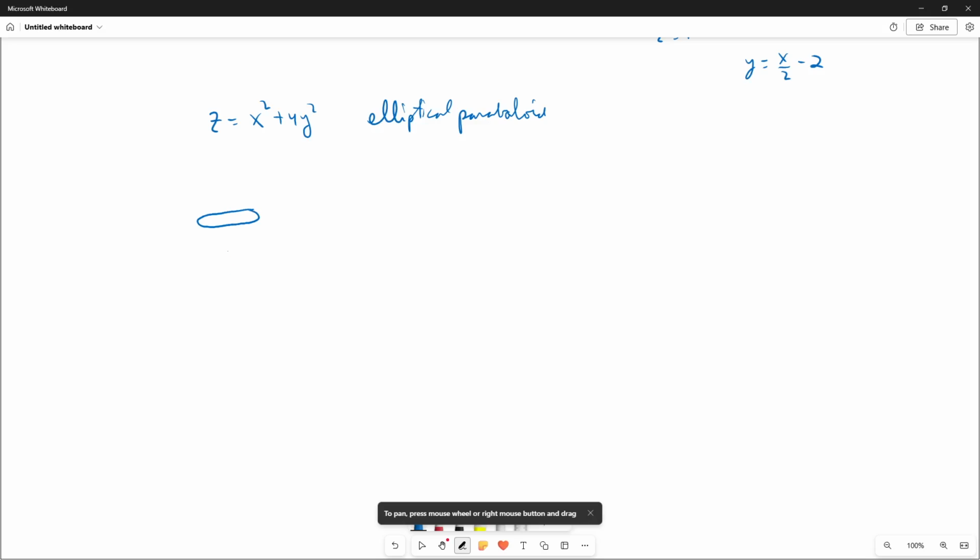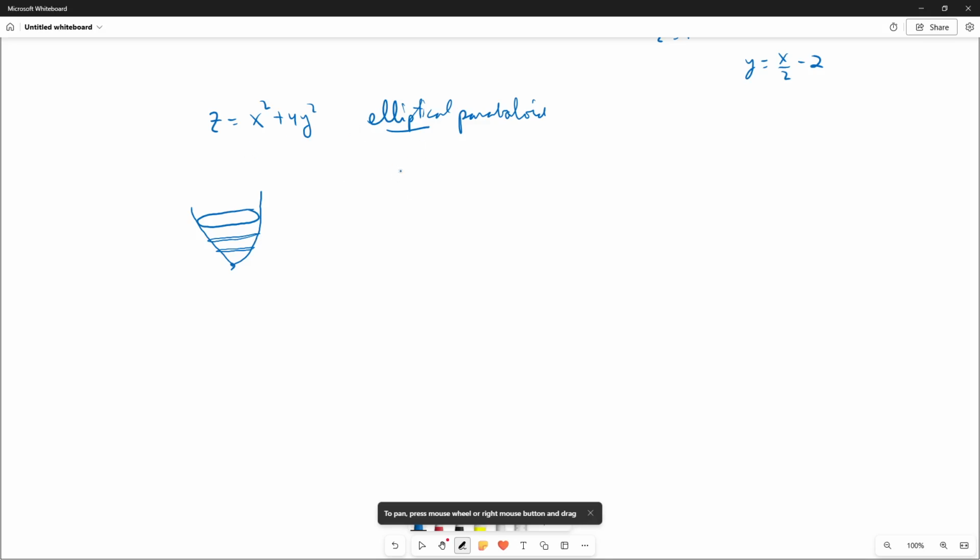If I draw an ellipse and then put the vertex, we have some kind of parabolic surface, maybe kind of like an upside down umbrella, although it's elliptical in its cross sections, as we shall soon see.